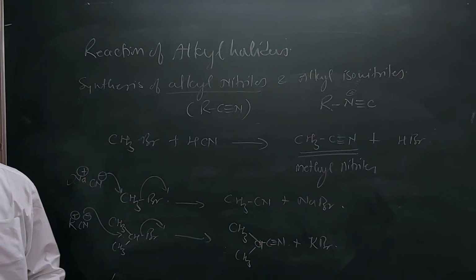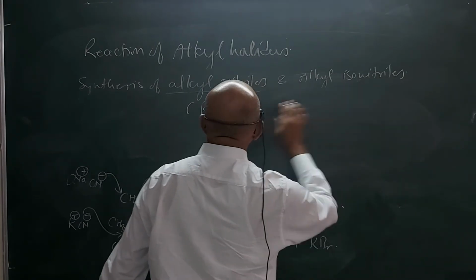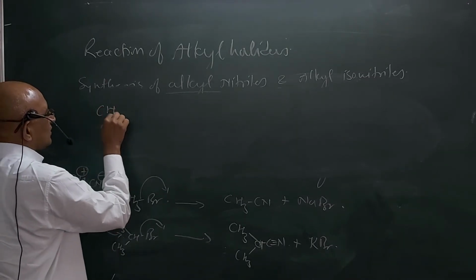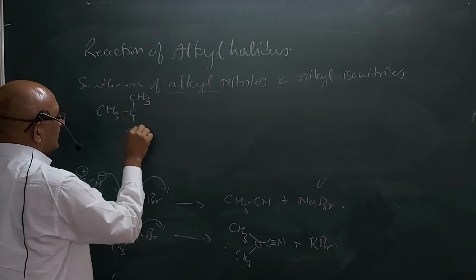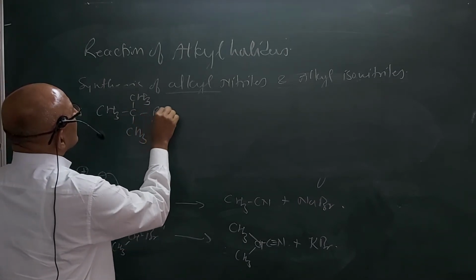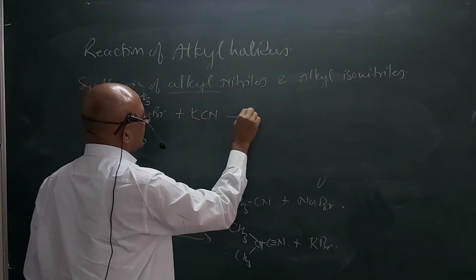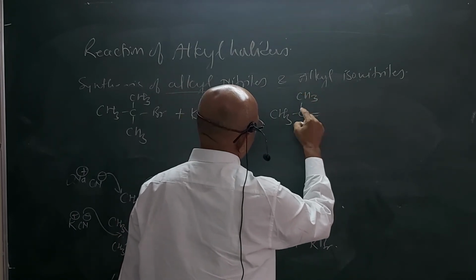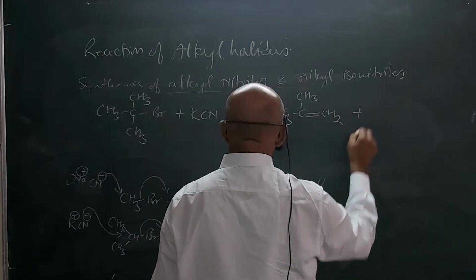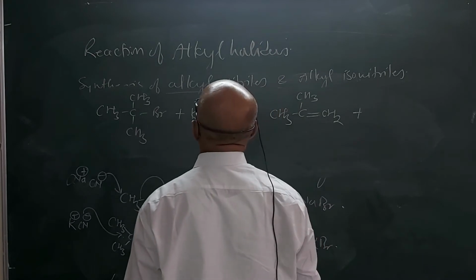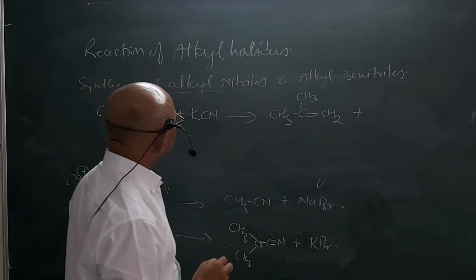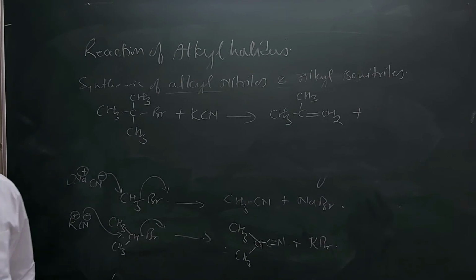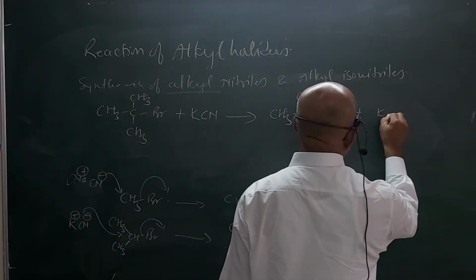The tertiary alkyl halide, suppose tertiary butyl bromide, on reaction with potassium cyanide gives you (CH3)2C=CH2 plus HCN, and KBr.